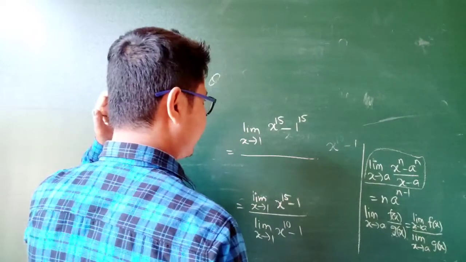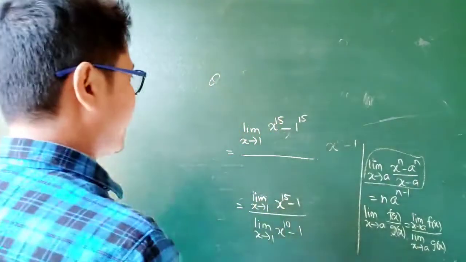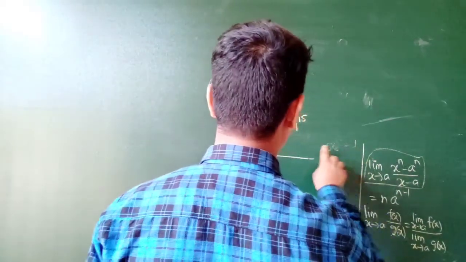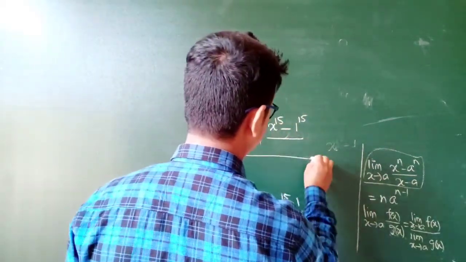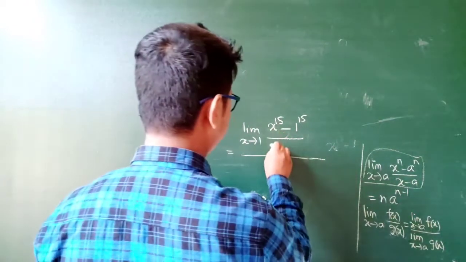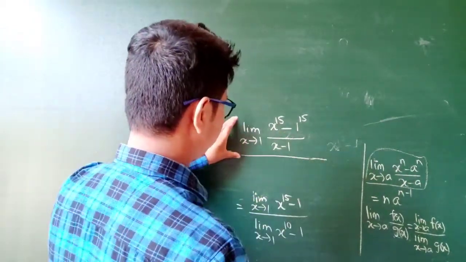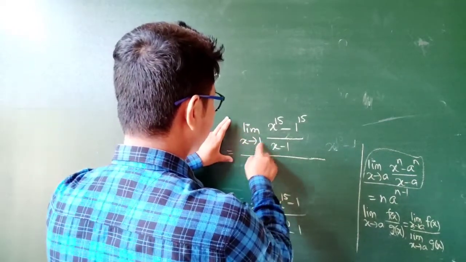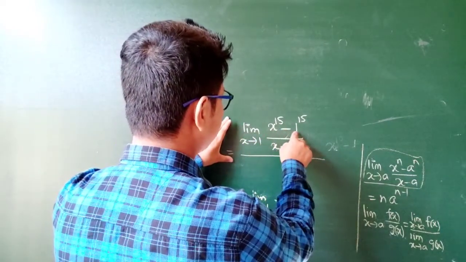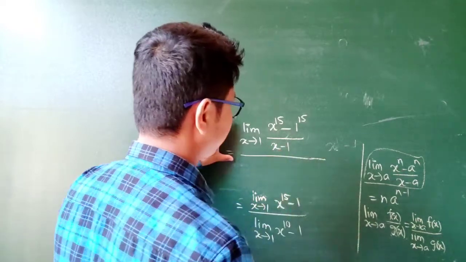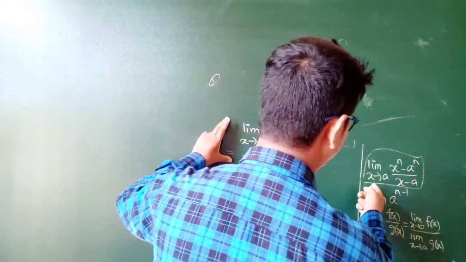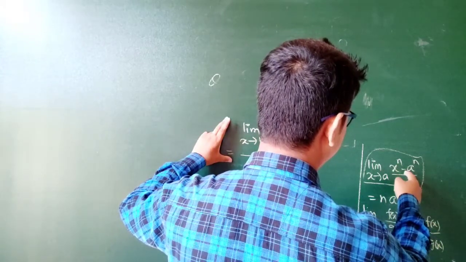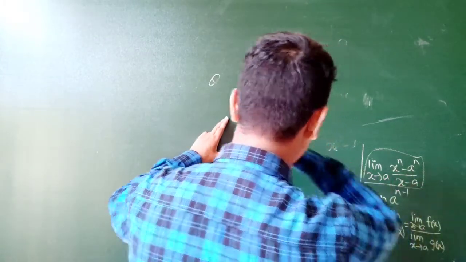It doesn't make a difference if you write 1 to the power 15, it will again give you 1. So if we divide by x minus 1, then you observe limit x tends to 1, x to the power 15 minus 1 to the power 15 divided by x minus 1 exactly looks like this formula, limit x tends to a, x to the power n minus a to the power n divided by x minus a.